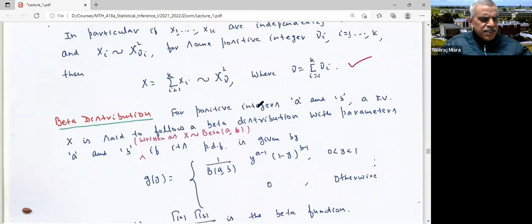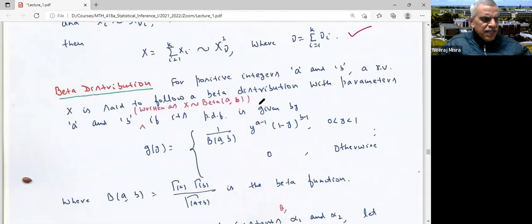Let me introduce another distribution which is very commonly used, called the beta distribution.